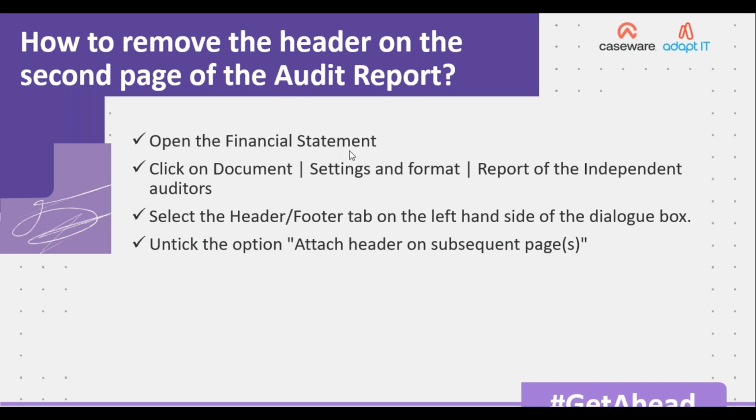So on the financial statements, settings and format for your report of independent auditor, you can then select under header footer tab, properties, and tick the option attach header on subsequent pages. This is going to make sure that you don't have any logo on subsequent pages.